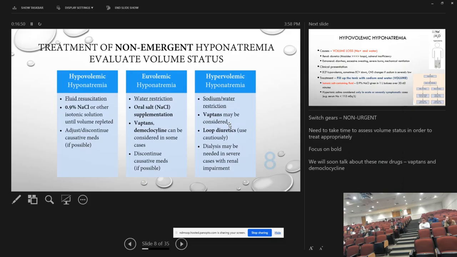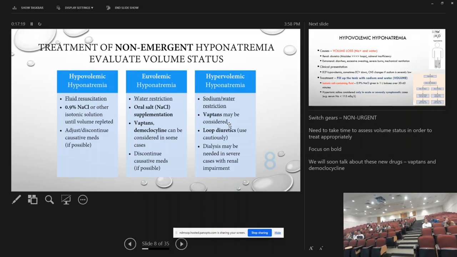In hypovolemic, remember, you have decreased intravascular volume, not enough tissue perfusion. You want to improve that intravascular volume, right? So you want to fluid resuscitate those patients. That's why you want to identify their volume status up front, because that's going to guide your therapy.